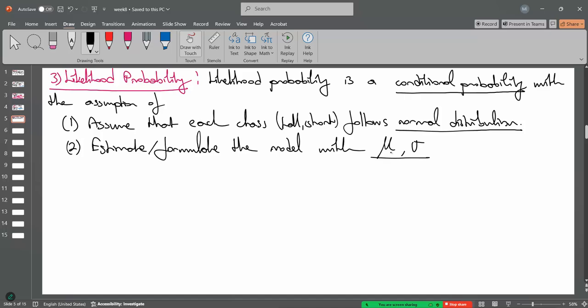Okay? And so in order to calculate these two parameters, mu and standard deviation, following the normal distribution, we can calculate the likelihood probability. Okay? Benzerlik.